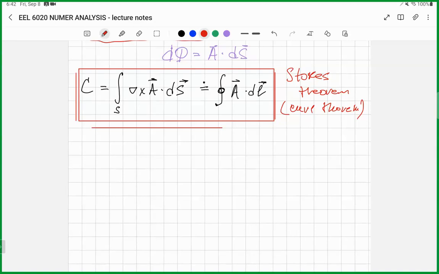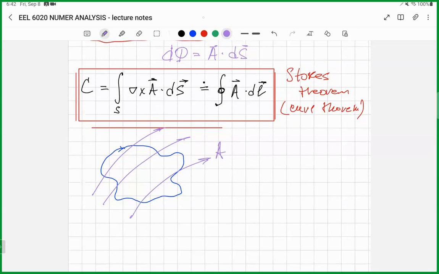So basically, Stokes theorem tells us that if I have an arbitrary loop like this, a closed loop, in an arbitrary field, and say I am interested in the circulation of the field over this loop.